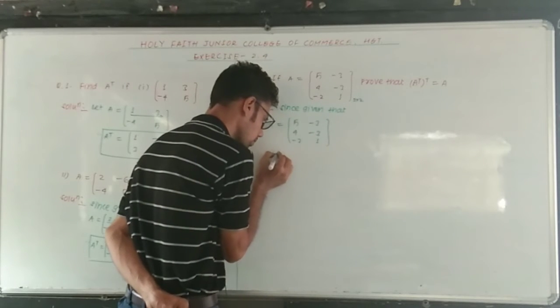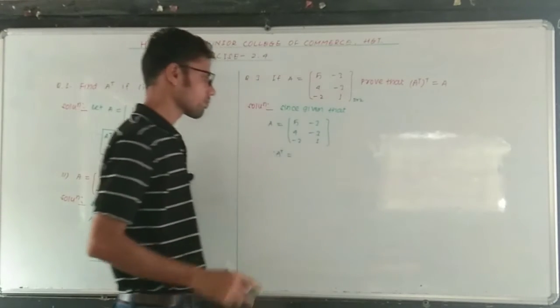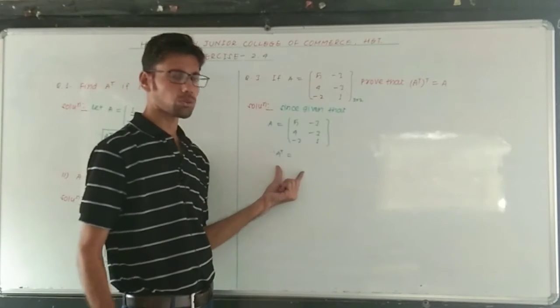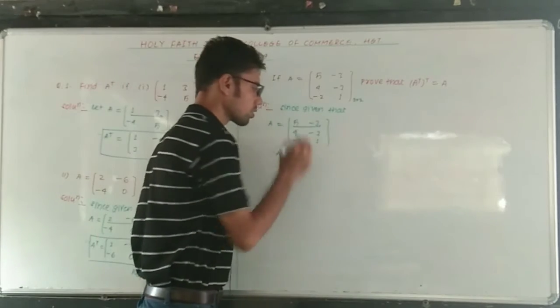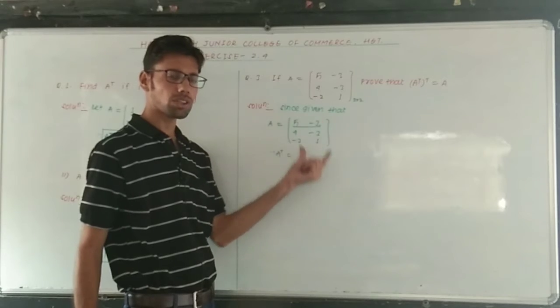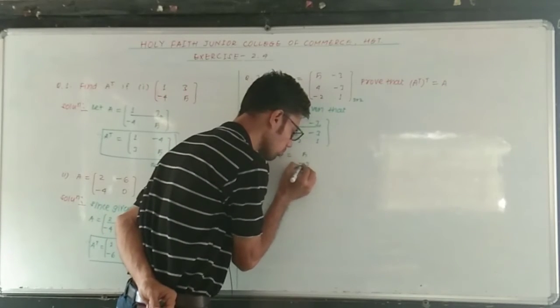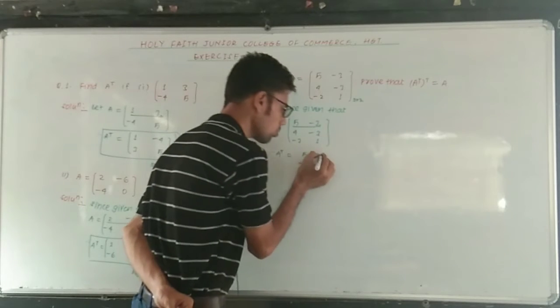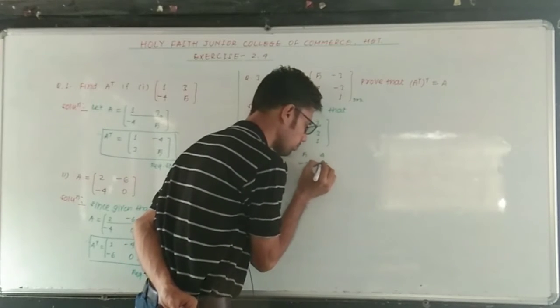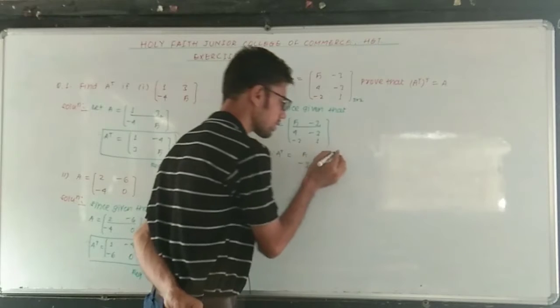[5 -3; 4 -3; -2 1]. Therefore A transpose is obtained by converting the first row into the first column. What is the first column? 5, -3. Second row into the second column, 4, -3.